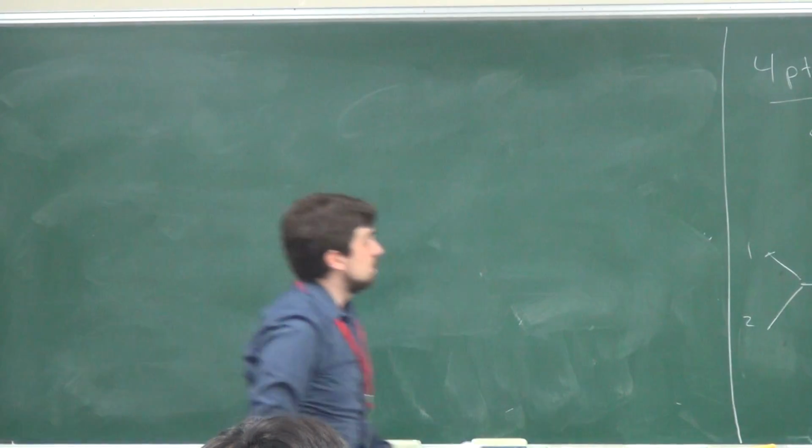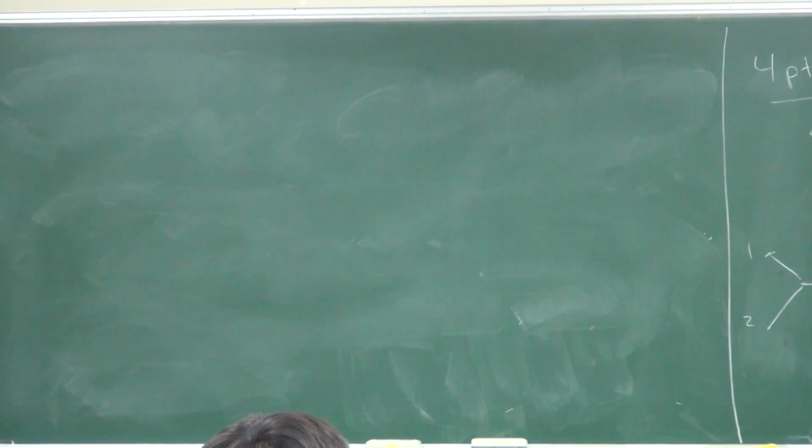So this was just the constraint coming from one 4-point function, of phi.